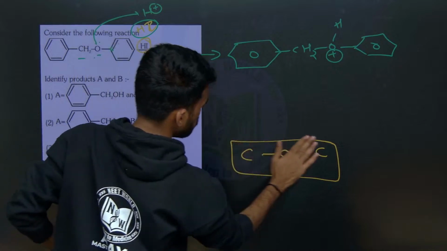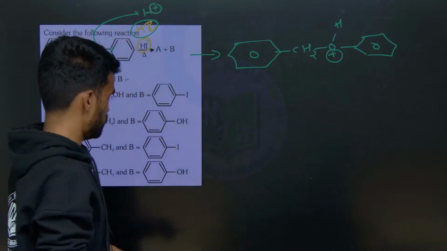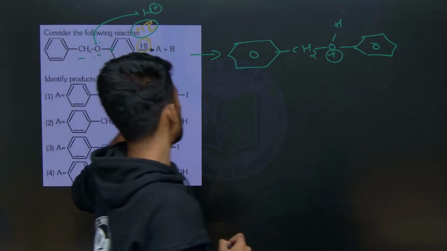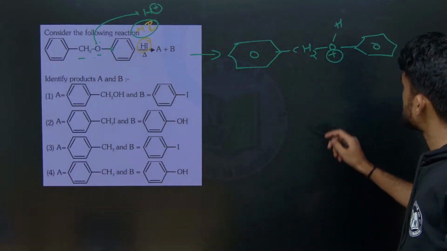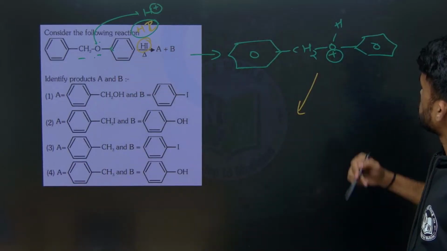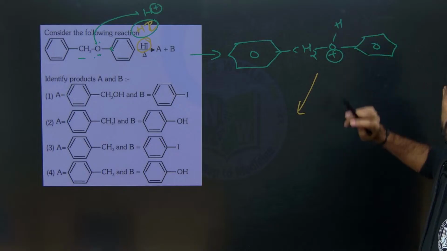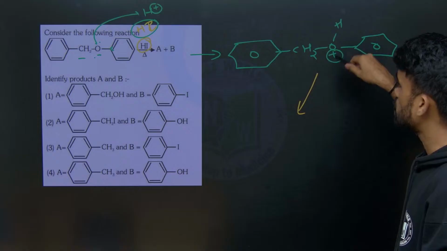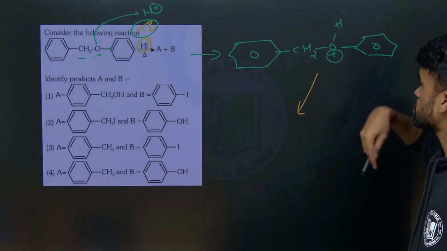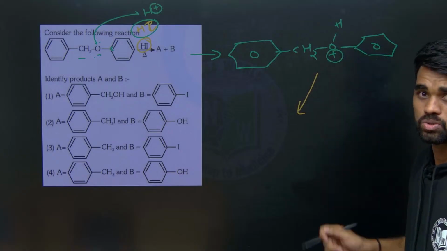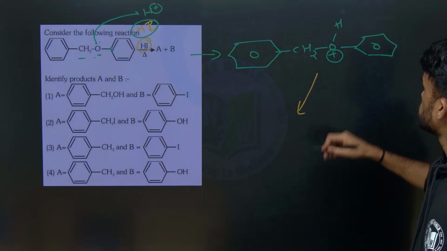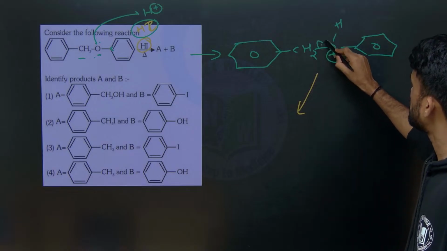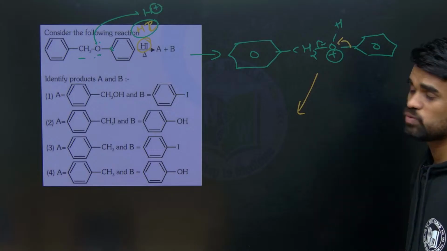Now look, the process is taking place in acidic medium. So now more H plus ions will surround this oxygen. Now it is having a positive charge, so we need to break this carbon oxygen bond so that the oxygen positive charge will get removed, right? So it will drag the electrons from here as well as here, but which is the weaker bond?